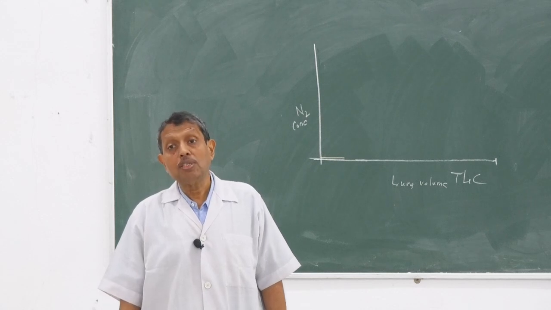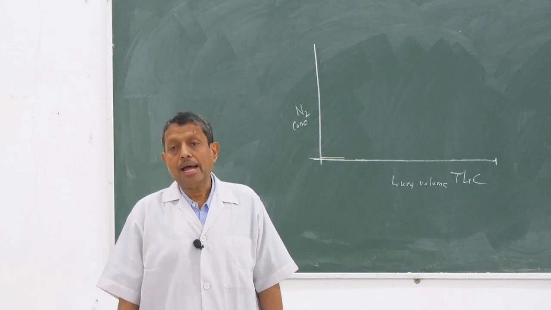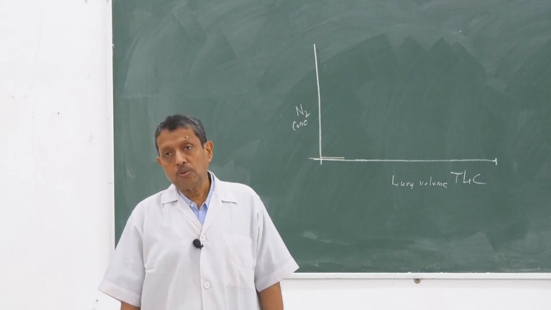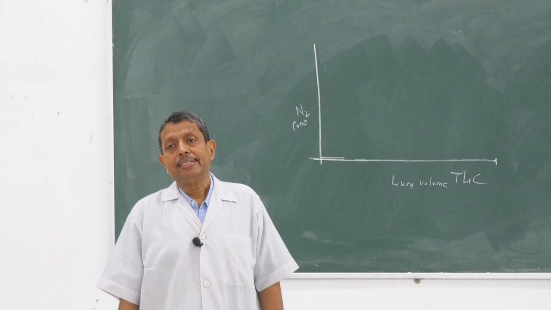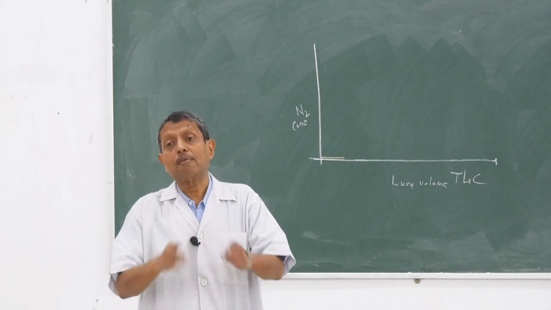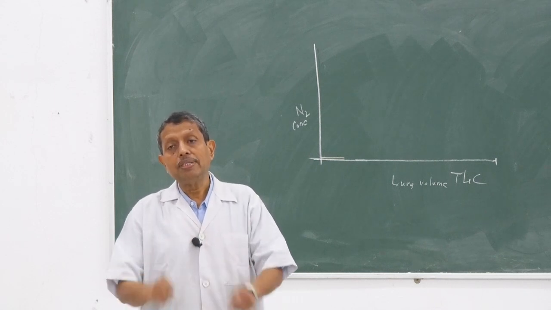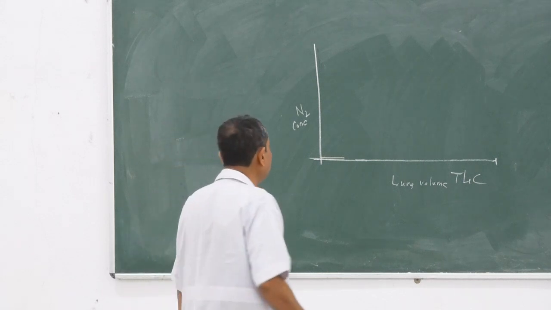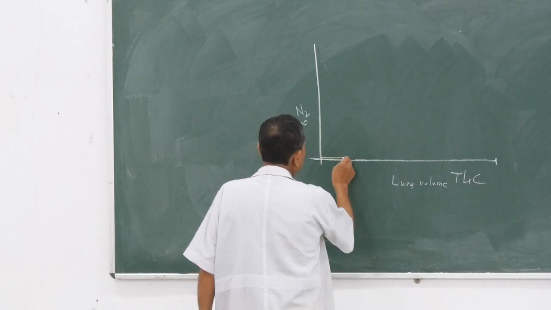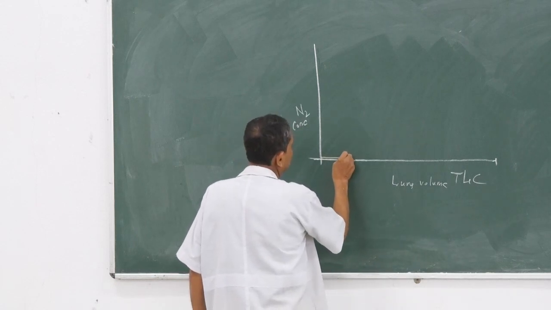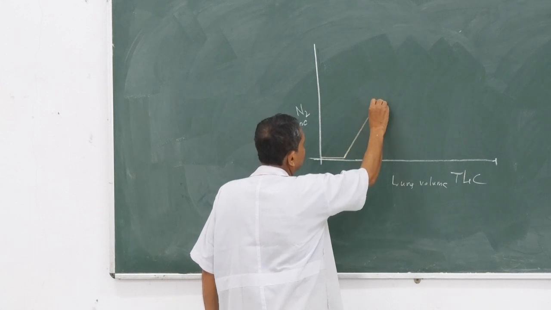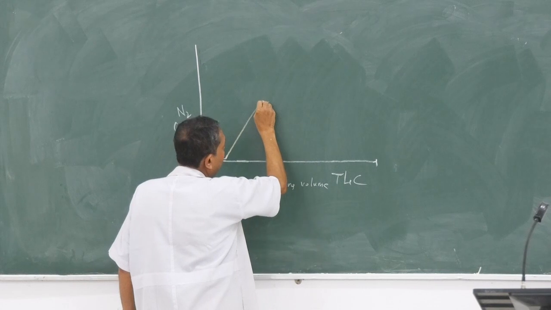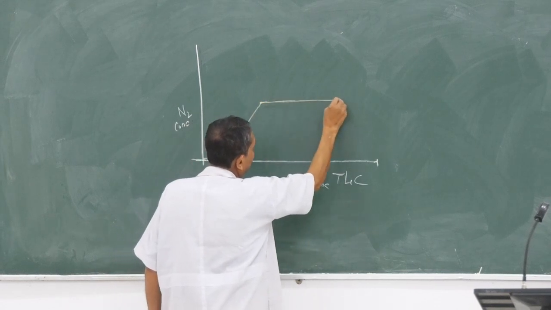It is occupied with oxygen, and the initial part does not contain any nitrogen. Concentration is 0. But after that, there is some mixing in the interface between the dead space and the alveoli, and there is a gradual increase in the nitrogen concentration. And then there is a horizontal plateau part, phase 3.